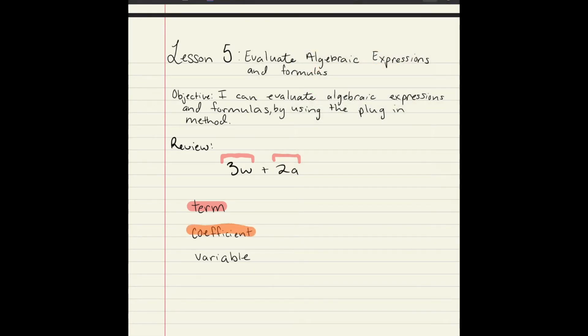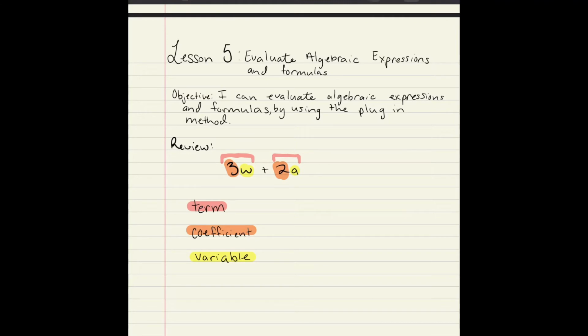Next we have coefficient. The coefficient is the number being multiplied by a variable. Then we have variable. It's a letter or symbol that stands for an unknown number or numbers.